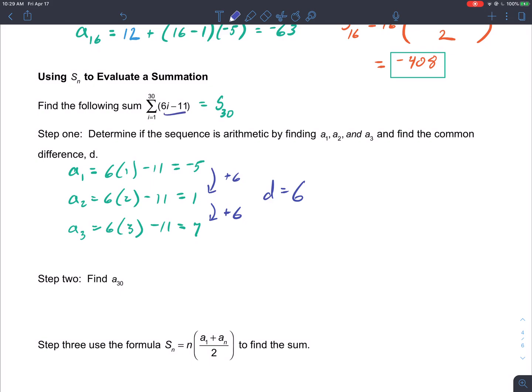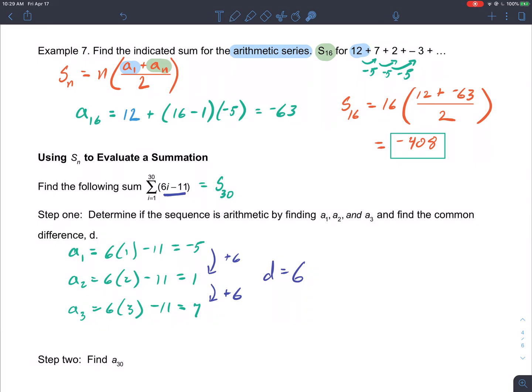Now that I know that this is absolutely an arithmetic sequence, I can use the formula for the first n terms. So S sub 30 would be equal to 30 times the first term, a sub 1, plus the 30th term, a sub 30, over 2. That's direct application of this formula.